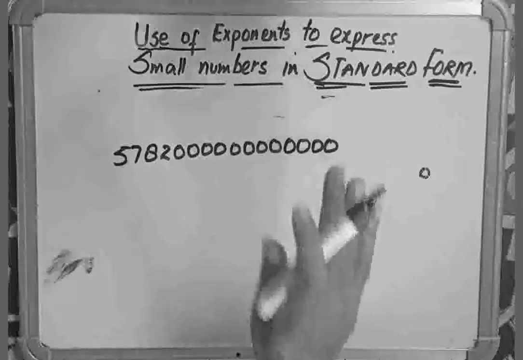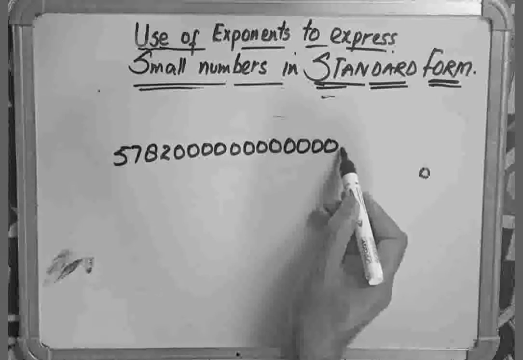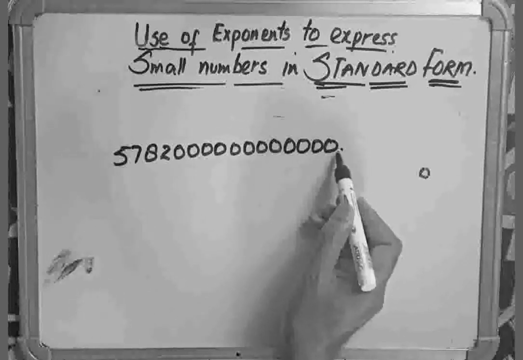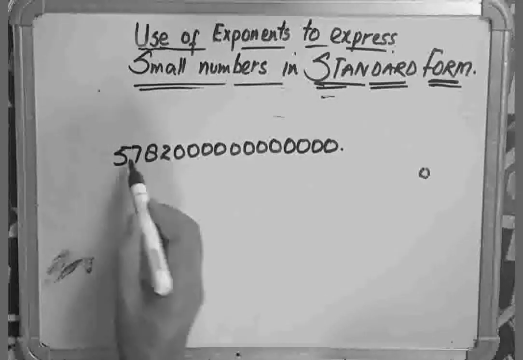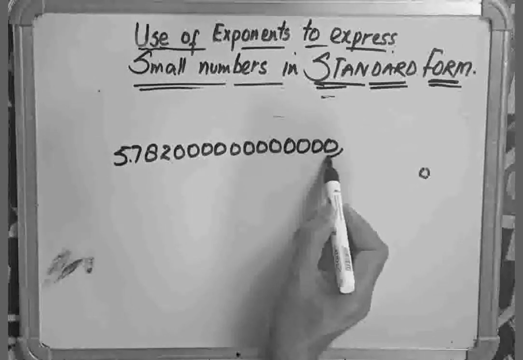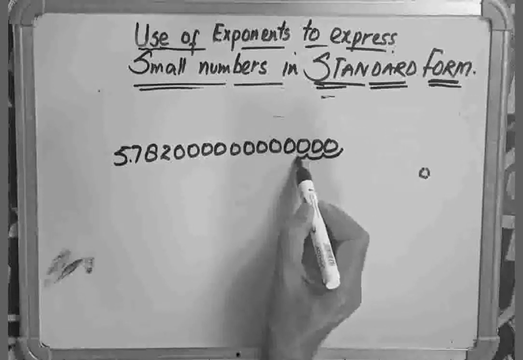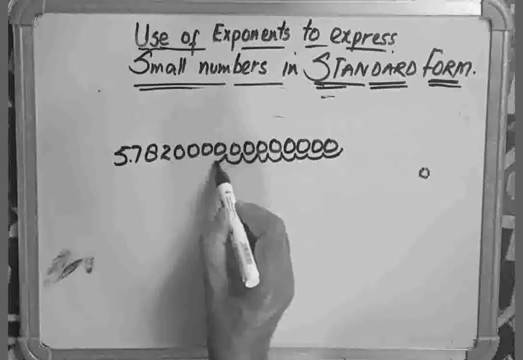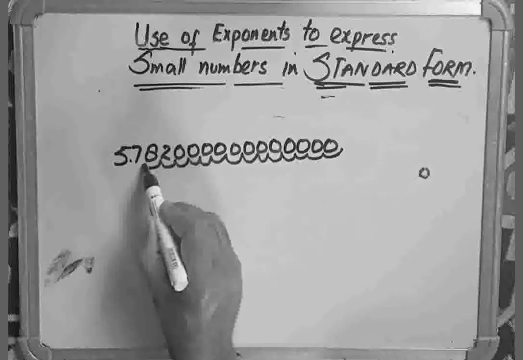In a simple manner, we have to drag this decimal, which is somewhere here, just next to the first digit, so here. We have to drag this towards the left side: 1 2 3 4 5 6 7 8 9 10 11 12 13 14 and 15.